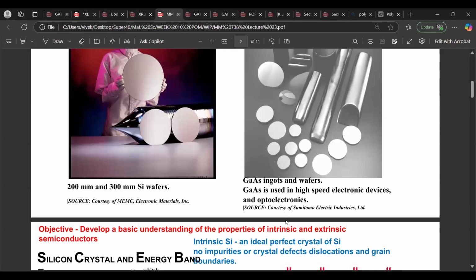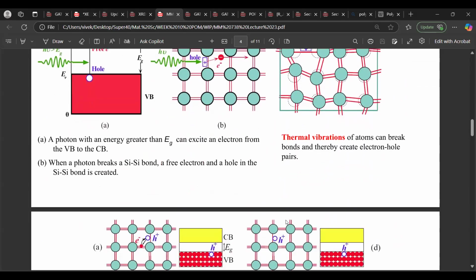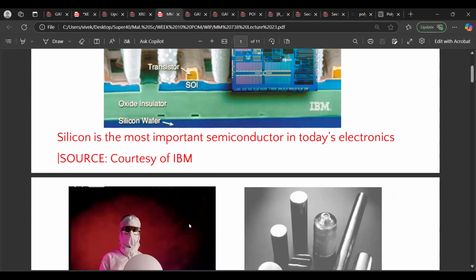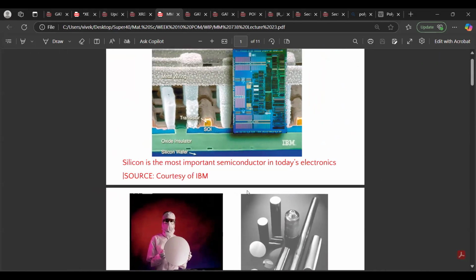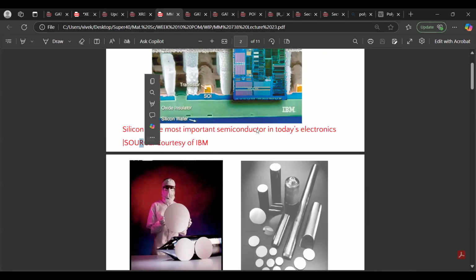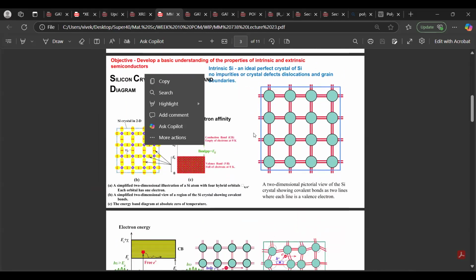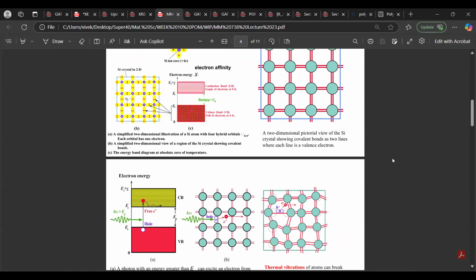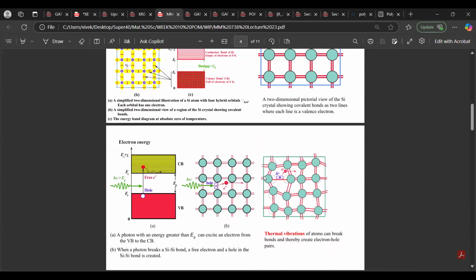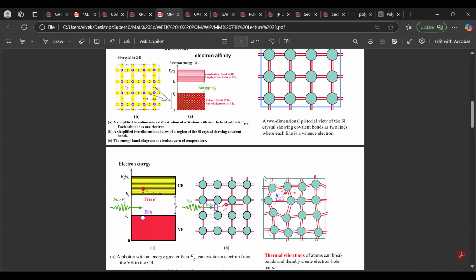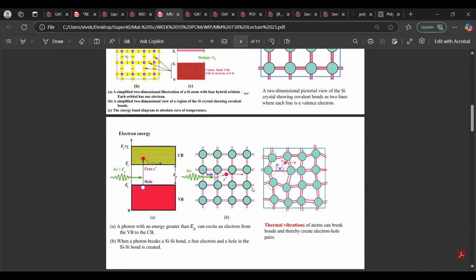So you go and see. In this, they are discussing silicon, or intrinsic semiconductor, and how IBM has already developed the silicon wafer. This is all notes from IIT Bombay's Professor Ajit sir. I'm going to give him the credit, but the sole purpose is to teach here.